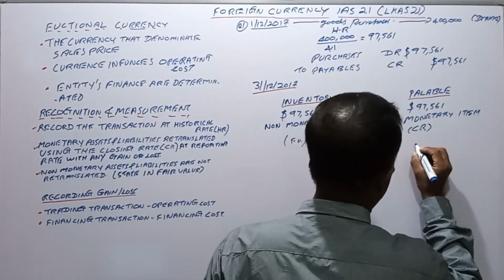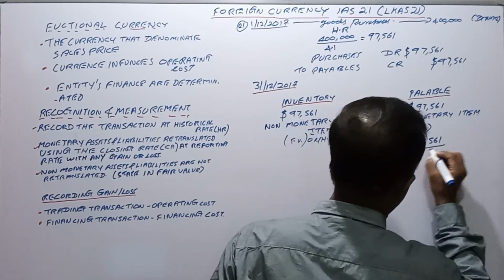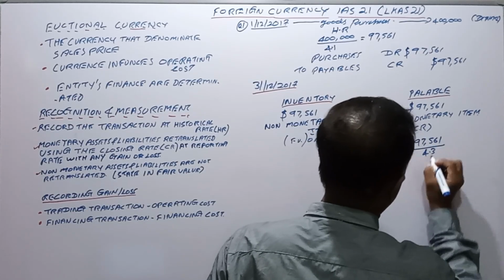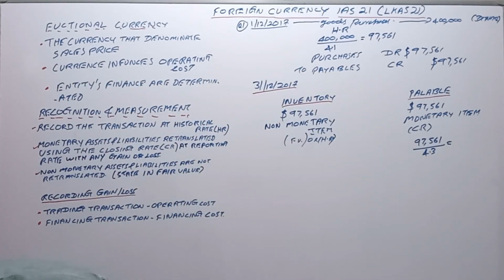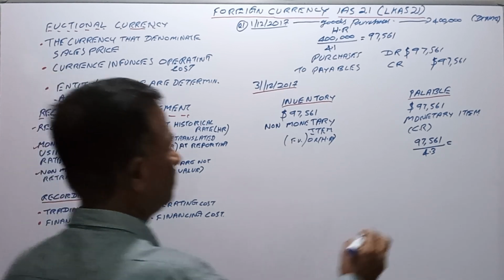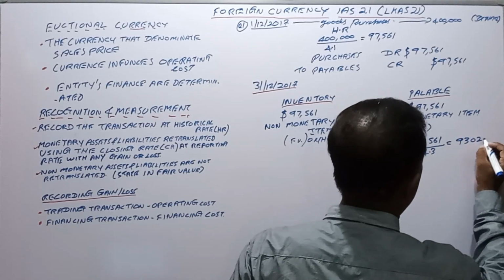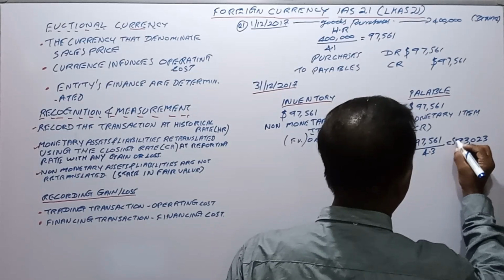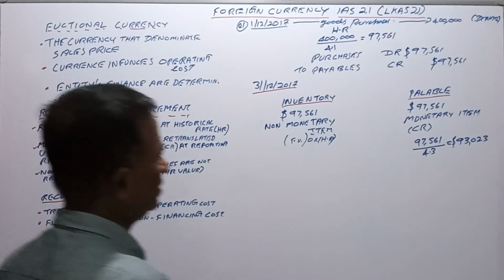We'll convert it: 97,561 divided by 4.3 is equal to 93,023 dollars. So what is the difference?